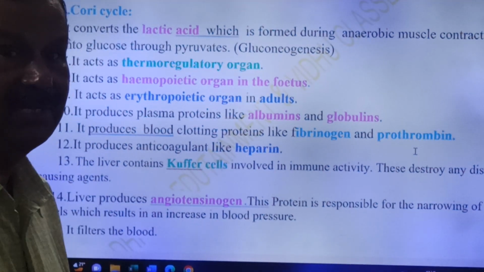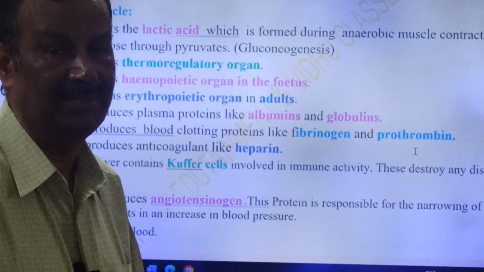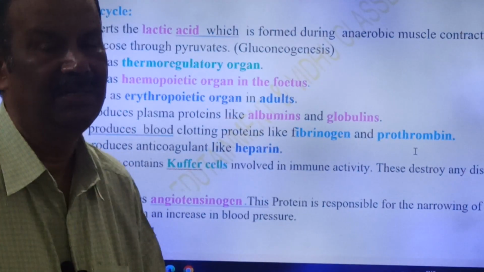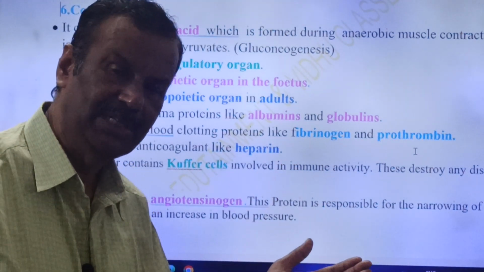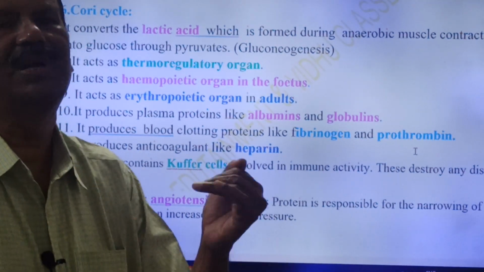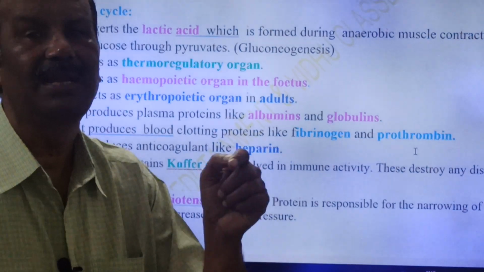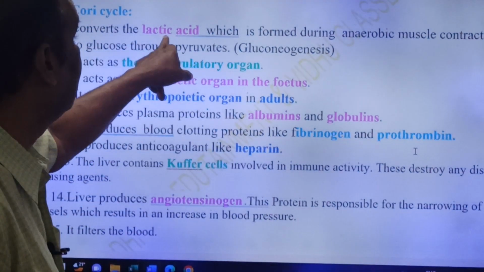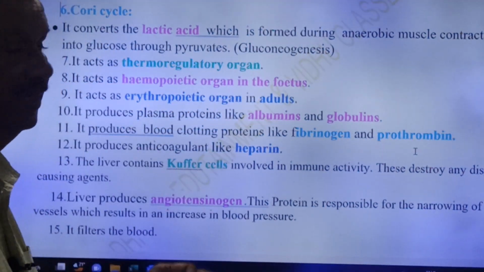If that lactic acid is stored in the muscle, that muscle gets fatigue. That lactic acid through blood enters into the liver and it converts once again into glucose or glycogen. That cycle is called as Cori cycle. It converts the lactic acid which is formed during anaerobic muscle contraction.